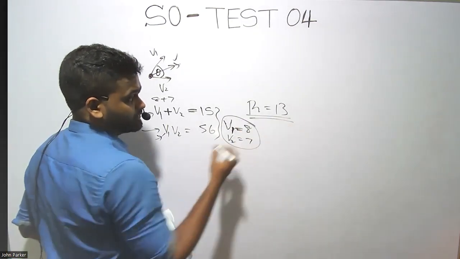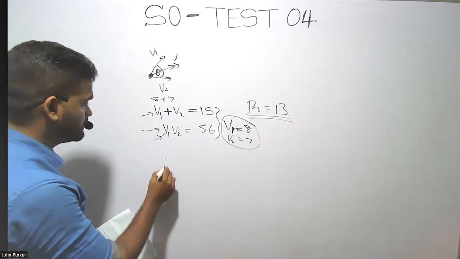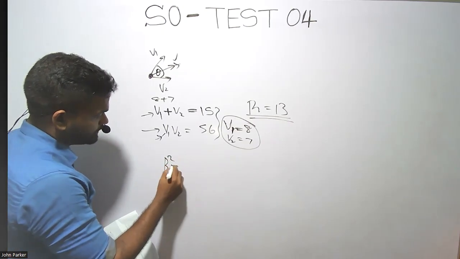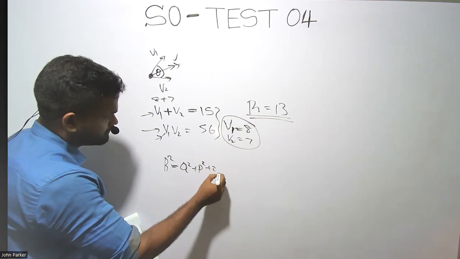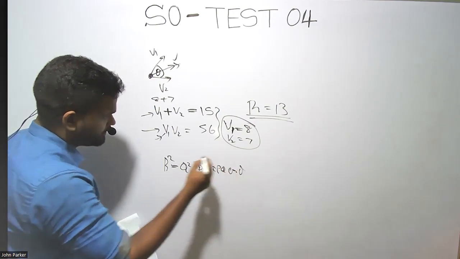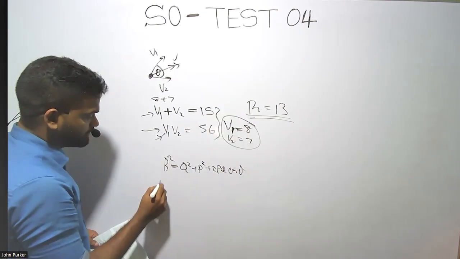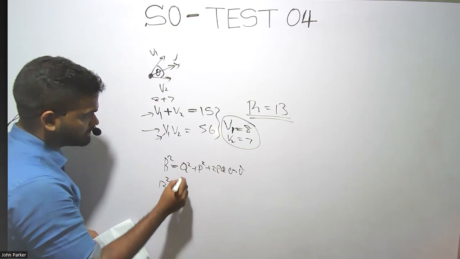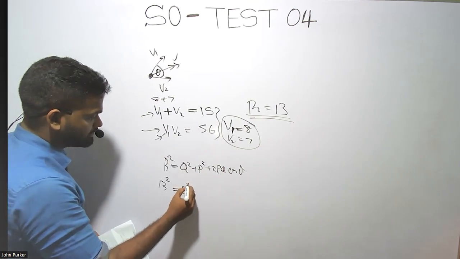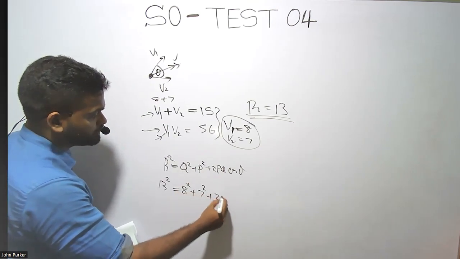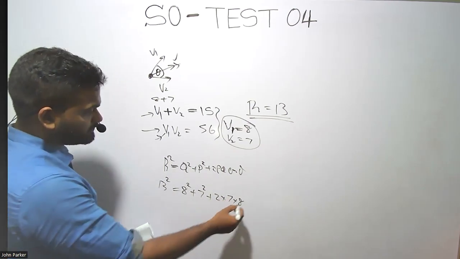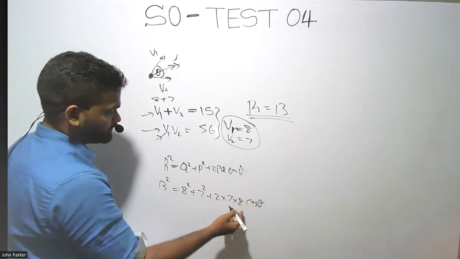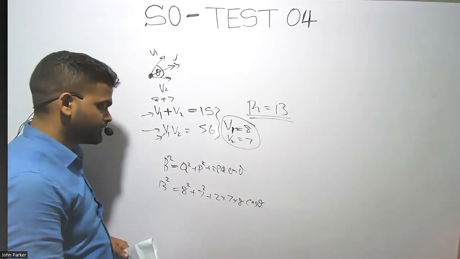They have given the resultant 13. So use the equation in the parallelogram law. So R squared is given as 13 squared. That equals 8 squared plus 7 squared plus 2 times 7 times 8 times cos theta. So when you simplify this, you can find cos theta.